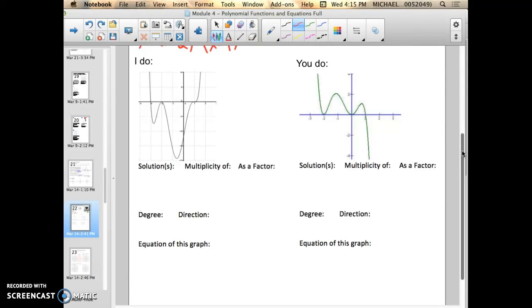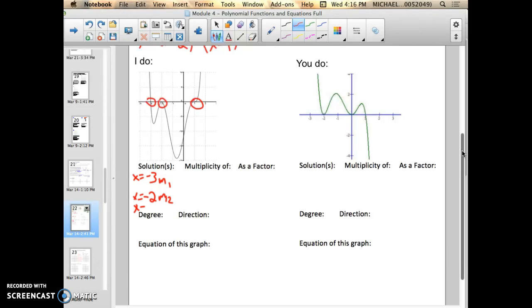Another I do. In this case, the first step is to identify the solutions. So I have 1, 2, 3 this time. So I'm going to write x equals negative 3 with a multiplicity of 1 because it goes through. x equals negative 2 with a multiplicity of 2 because it bounces, so it's even.